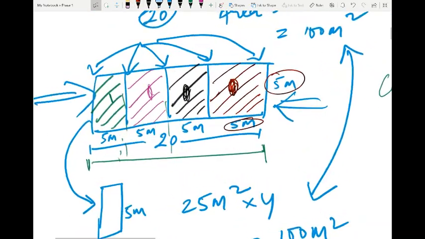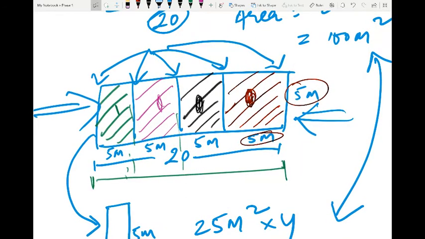Similarly, this is what we do in Simpson's rule. So this is your length, 20 meters. You have divided it into 4 equal parts. So 20 by 4, this is 5. This is your common interval. In Simpson's rule, common interval is also known as h.